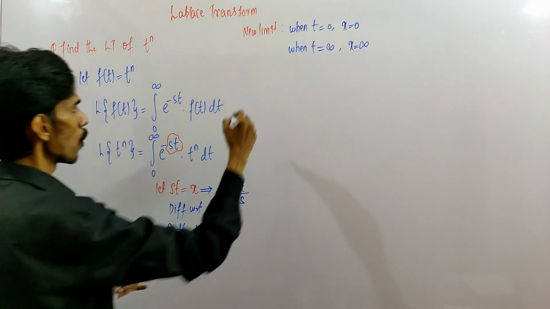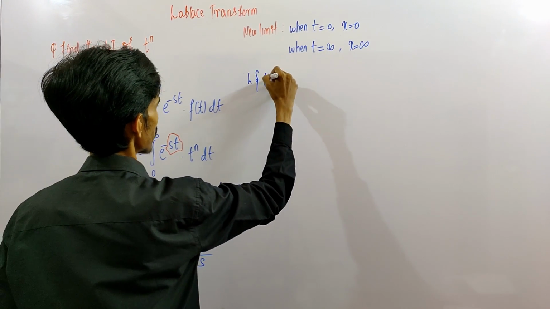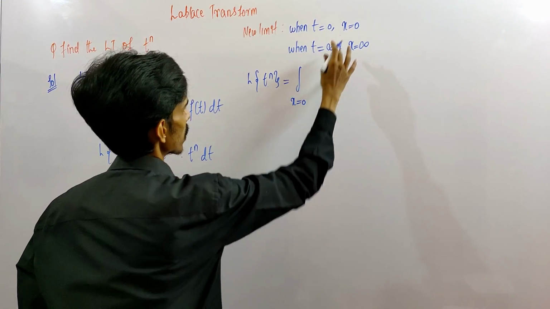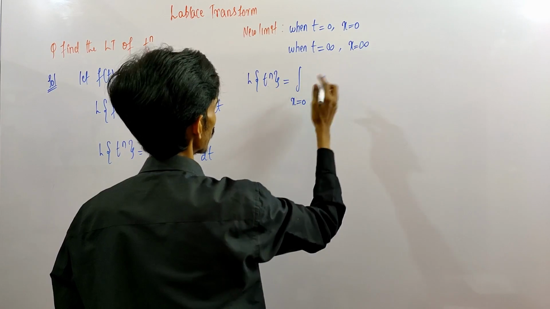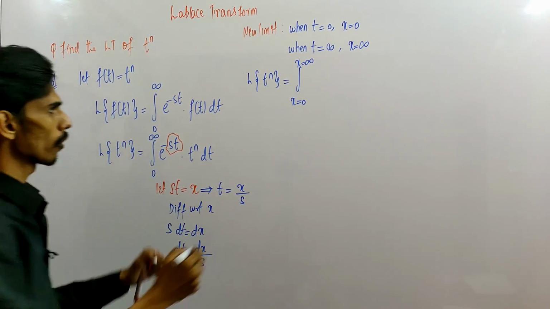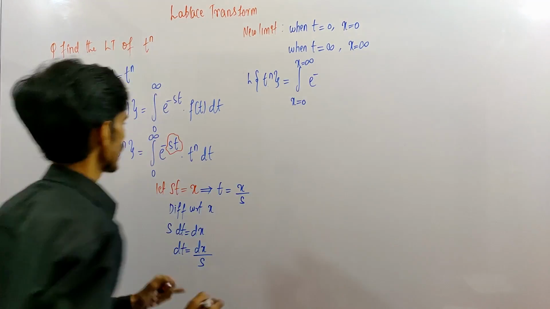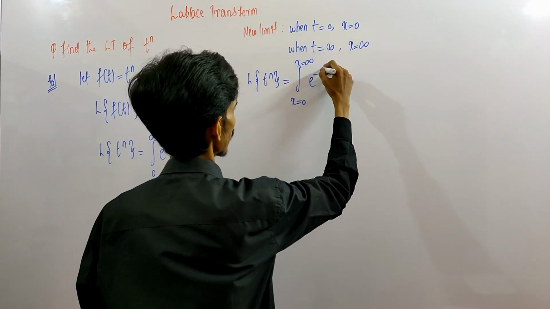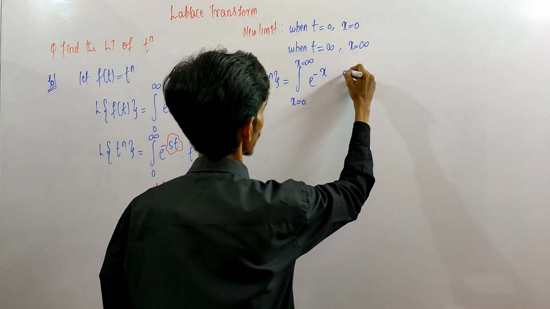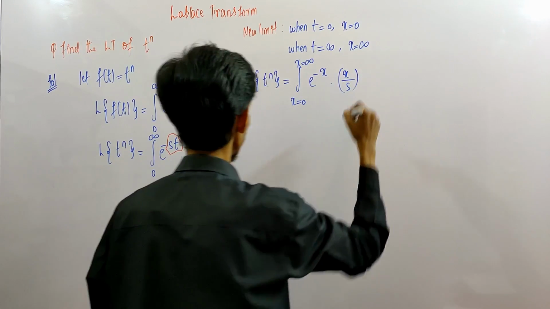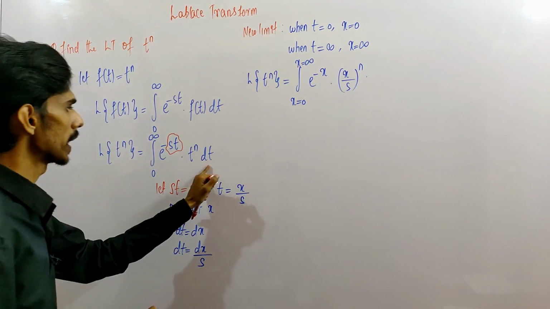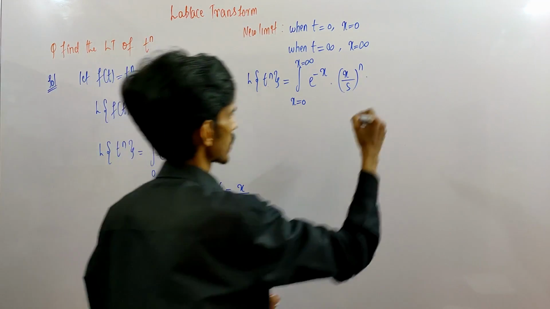Now the Laplace transform of t power of n will become the integral from x equal to 0 to x equal to infinity, e power of minus st, whose value is x. Here we have t value x by s, whole power of n, dt value is dx by s.